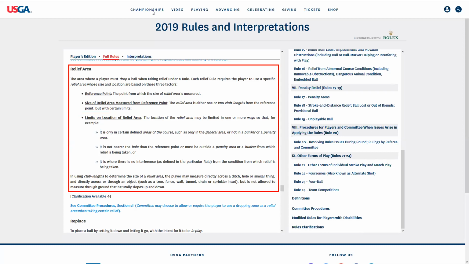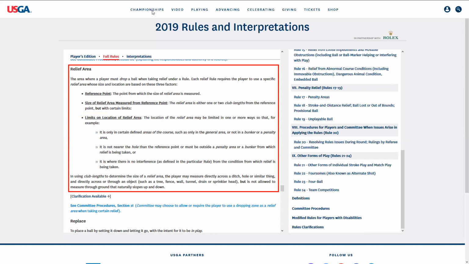Second, the size of the relief area measured from the reference point. It says it will either be 1 club length or 2 club lengths. It is always going to be 1 club length with only 2 exceptions. If you remember the 2 exceptions, then you'll know that every other one is just 1 club length. And the only exceptions is if you are taking lateral penalty relief.